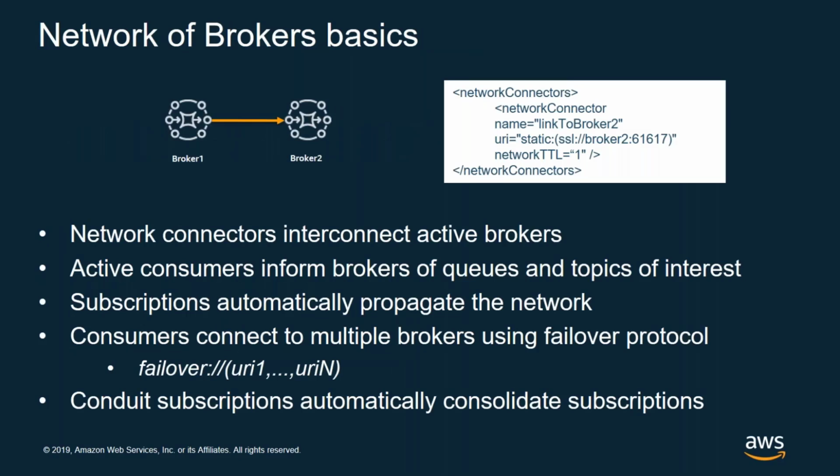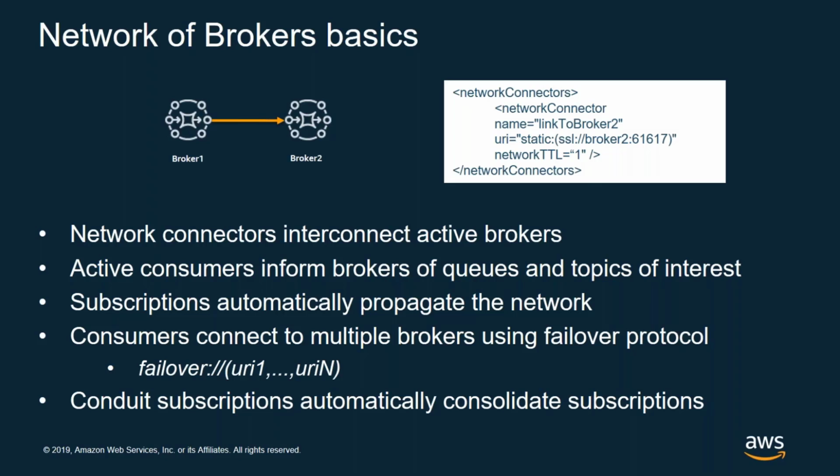So let's talk a little bit more about the basics of Network of Brokers. Network of Brokers is defined in each broker's configuration file by defining a network connector that interconnects the brokers. Network connectors are directed, so they can be duplex or non-duplex based on how you want messages to flow, depending on if you want the connector to be used both to produce and to consume messages.